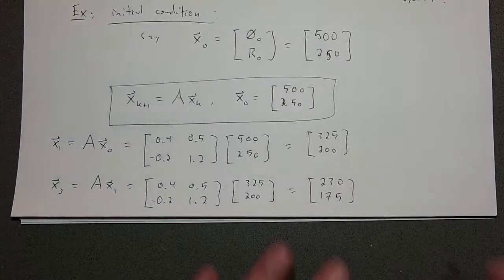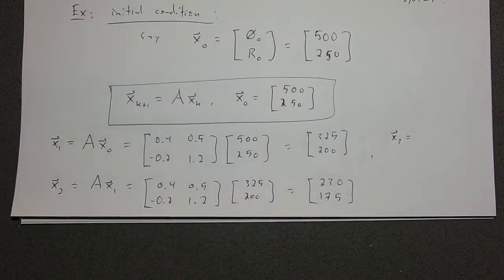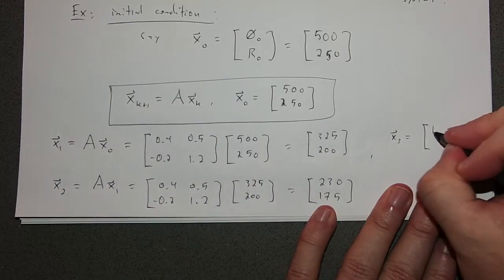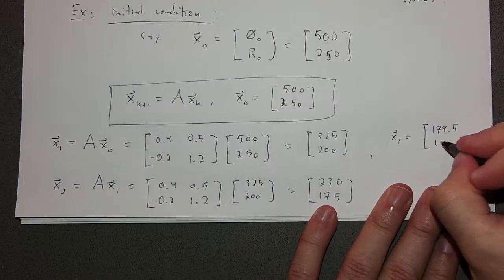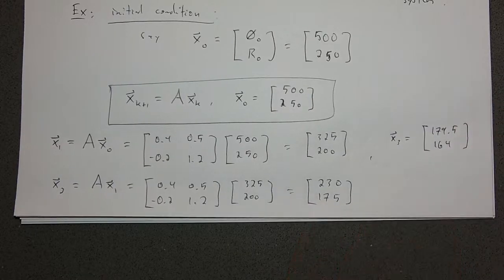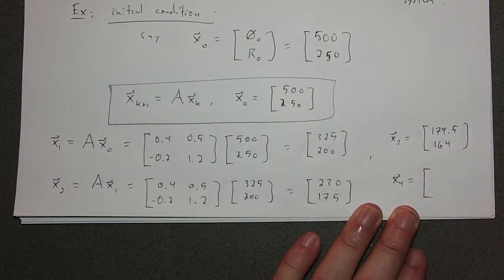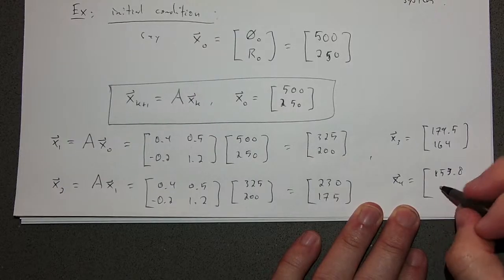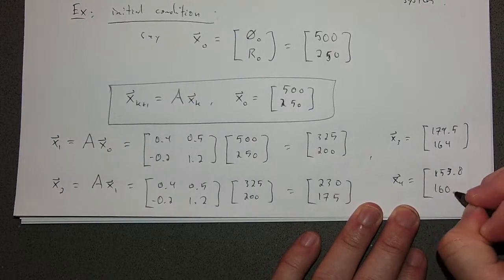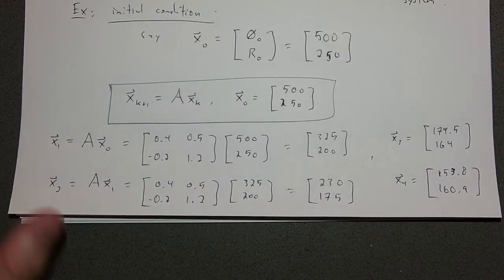In a similar fashion, x3 can be shown to be 179.5, 164. x4 is 153.8, 160.9, and so on in this fashion.